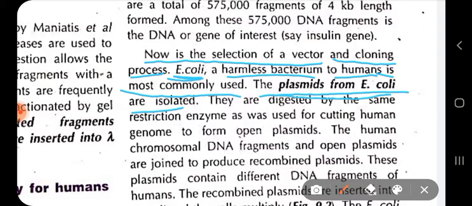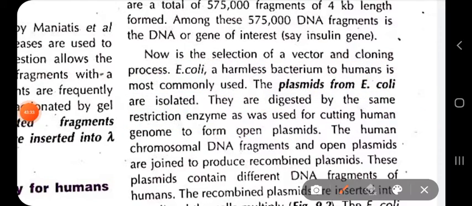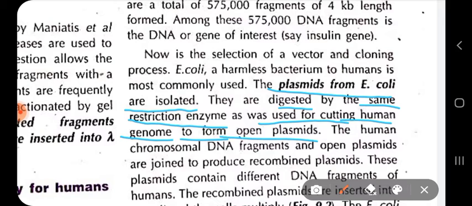After isolation, the plasmids are digested with the same restriction enzymes that were used for cutting the human genome, to form open plasmids. As E. coli cells are harmless bacteria, they are used as a host cell for cloning.